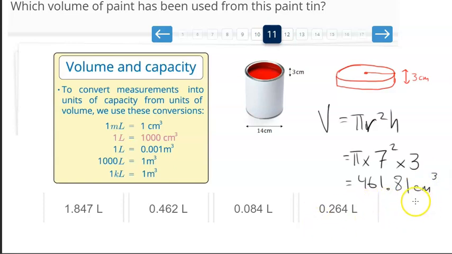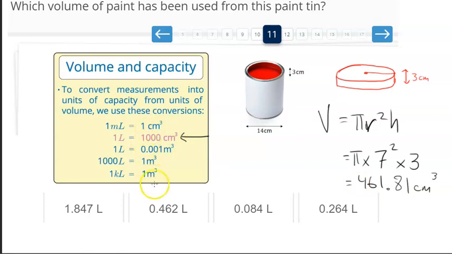But you'll notice this answer is not here. We've got something that's similar to it, based on the fact that there's a 4, 6 at the start. But just to make sure, we're trying to look for the right conversion, and this is saying here that 461.81 cubic centimeters is closely related to this one here.